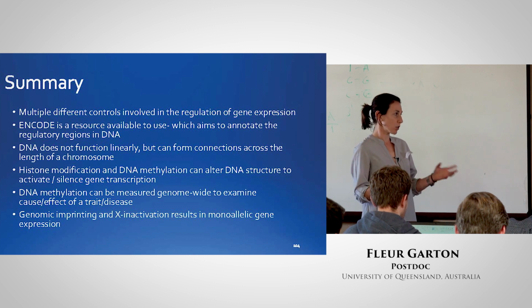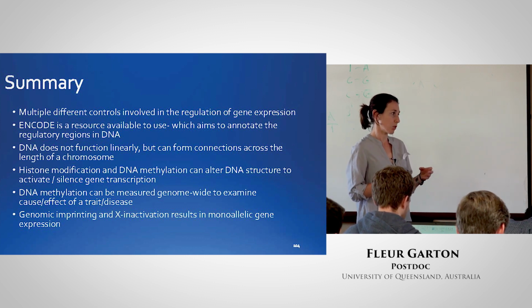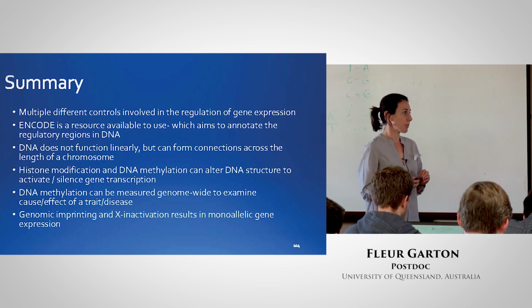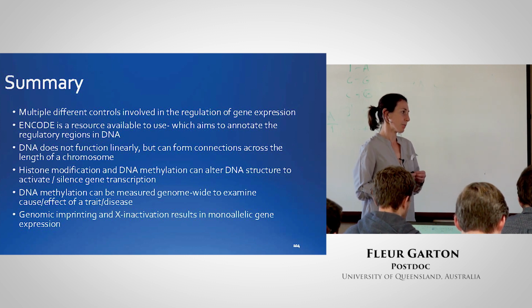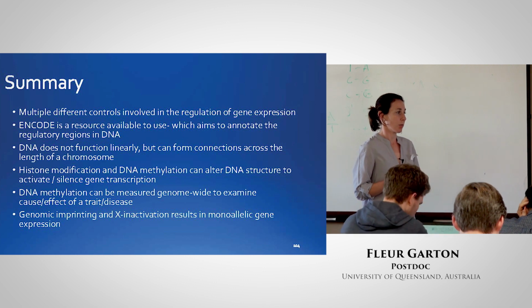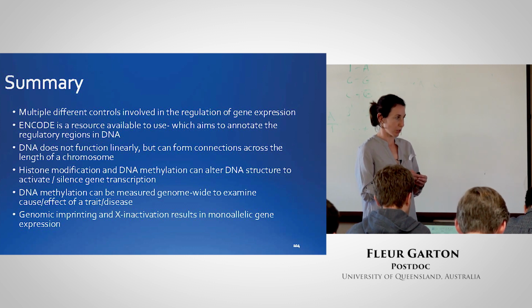And this can alter the structure of the DNA to activate and silence gene transcription. You can measure this genome-wide to examine the cause and effect of a trait or disease. Genomic imprinting and X activation are just two methods that occur in the body that result in monoallelic gene expression.